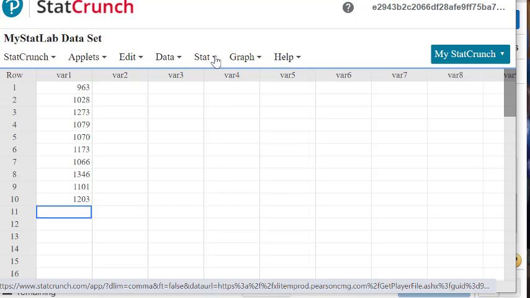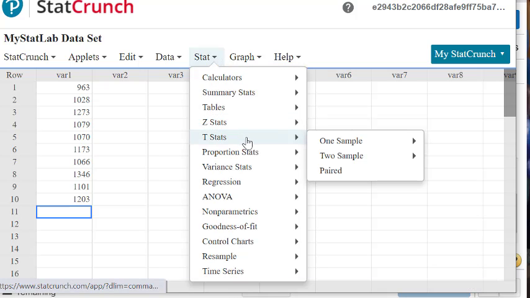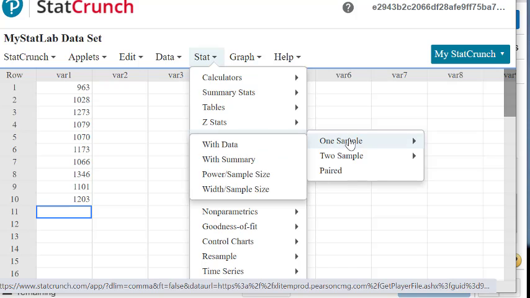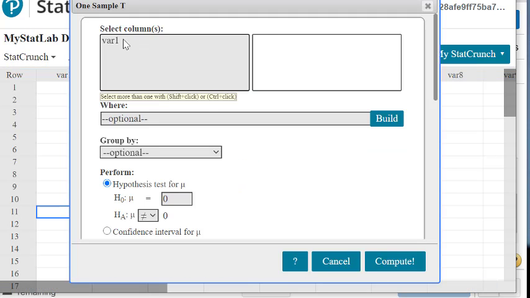This is going to involve a t-test with one sample, and we have the original data set listed in the first variable column. So var1, let's just build it as a new window.